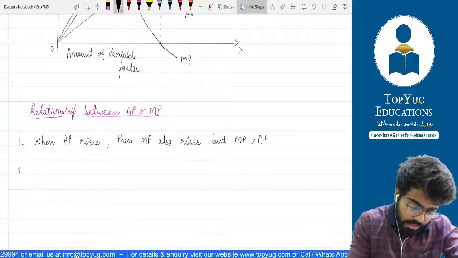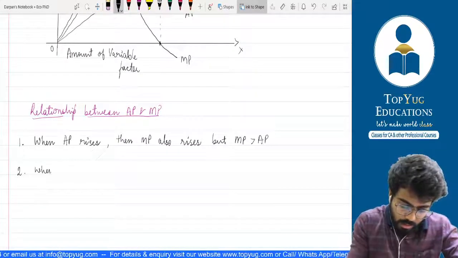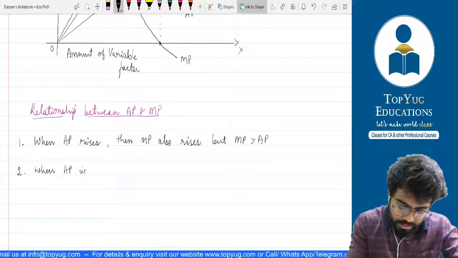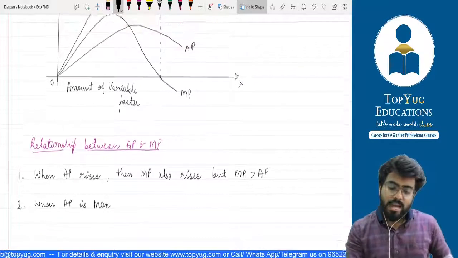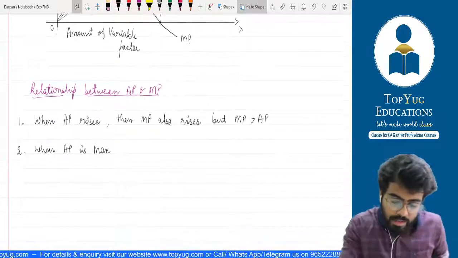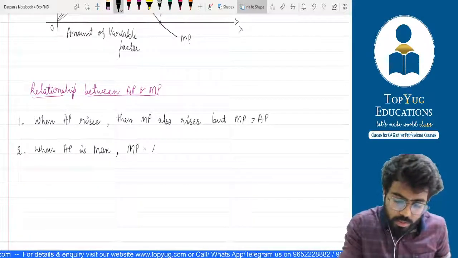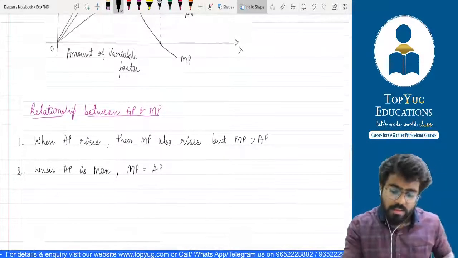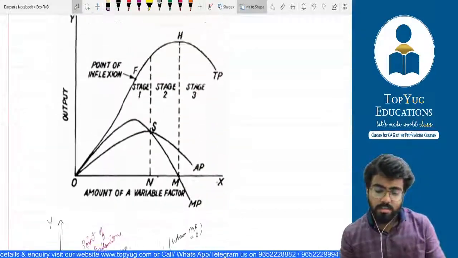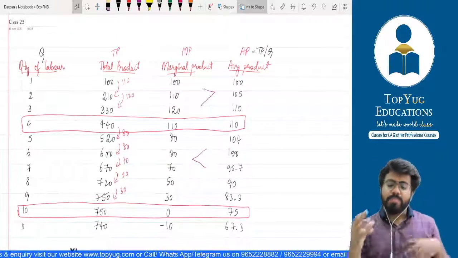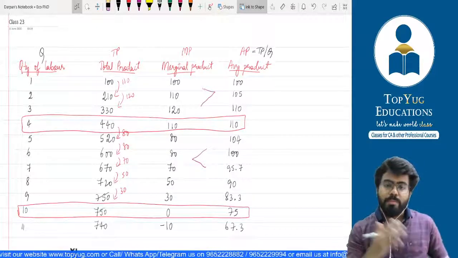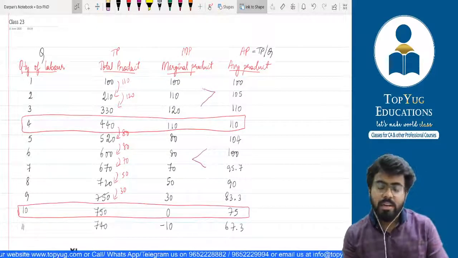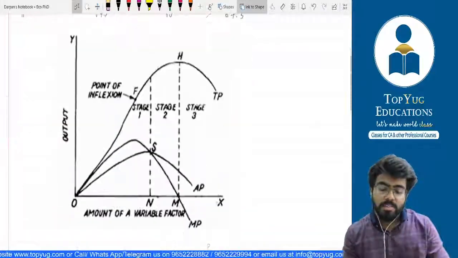You can write 1. Second one, when AP is at its maximum, MP is equal to AP. You see in the table also, when AP is maximum, that is at 110, MP is equal to AP. MP and AP both become equal when average product is at its maximum.